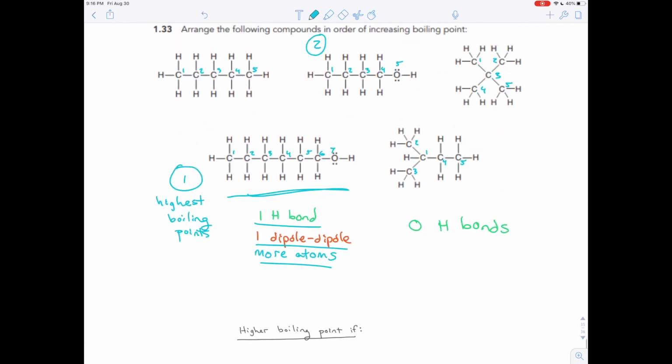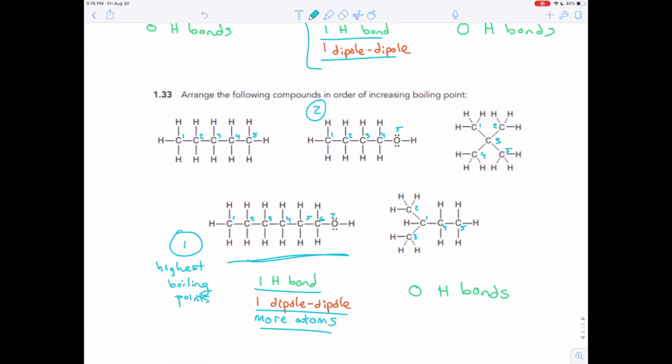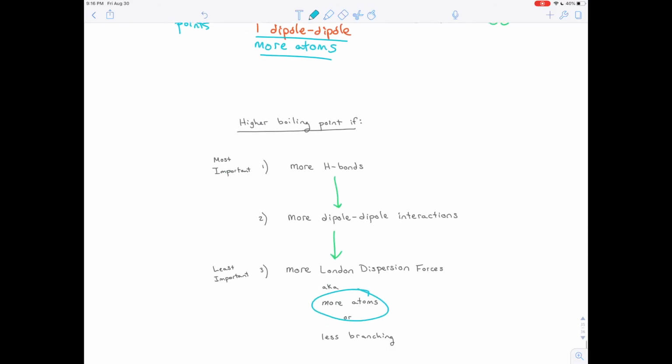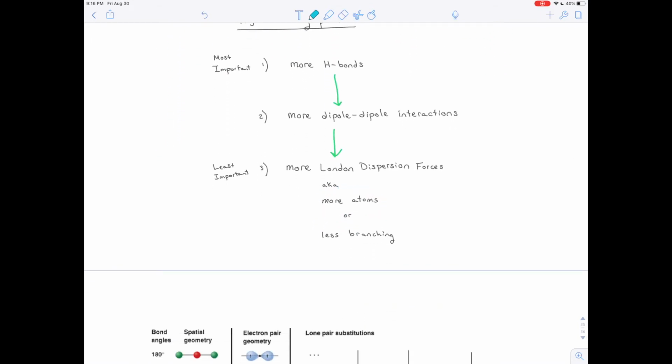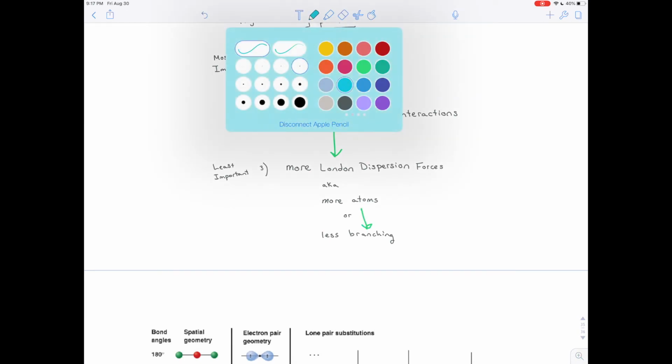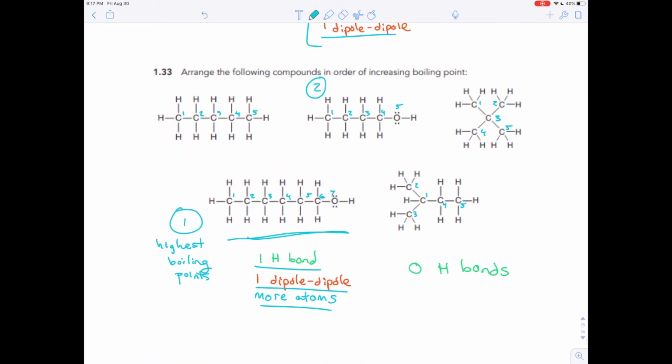Do any of these have more atoms than the other? Nope, they all have 5 carbons, and if you count them up, you'll see they all have the same number of hydrogens. They all have 12 hydrogens. So that one ties, and we go to the next. So it's going to be branching here that's significant. Which one has the least branching?